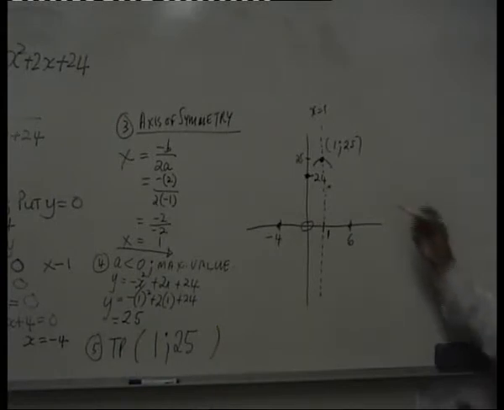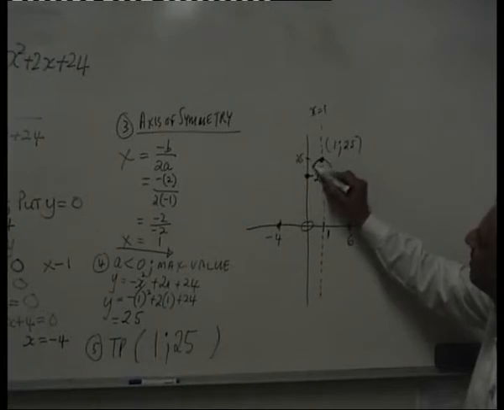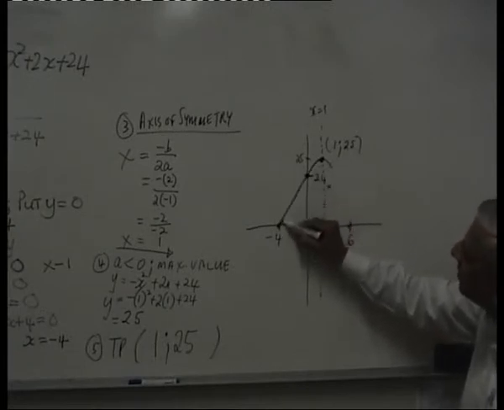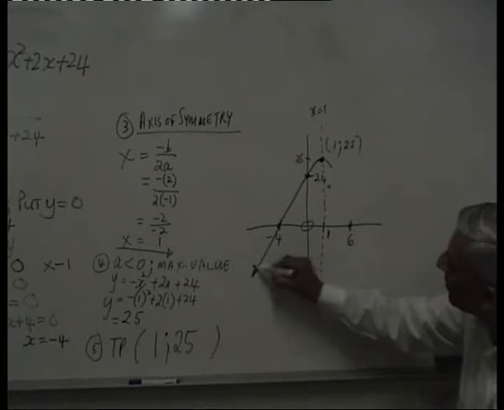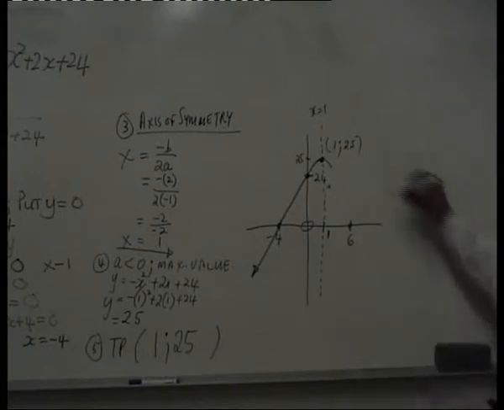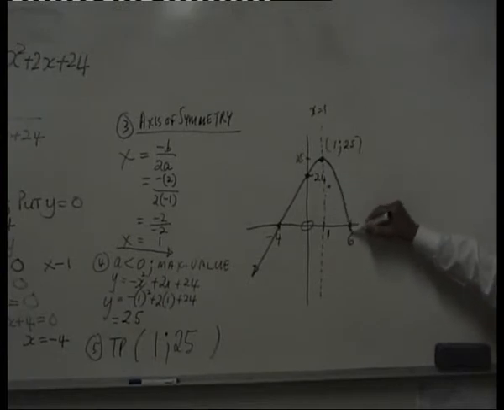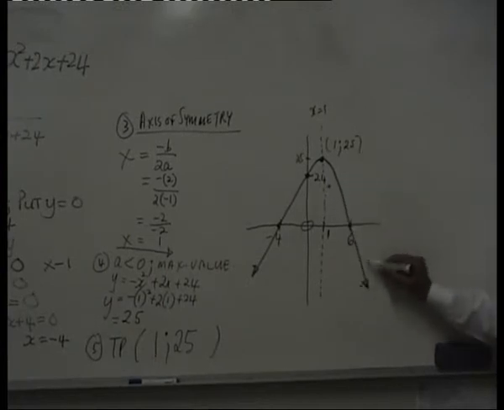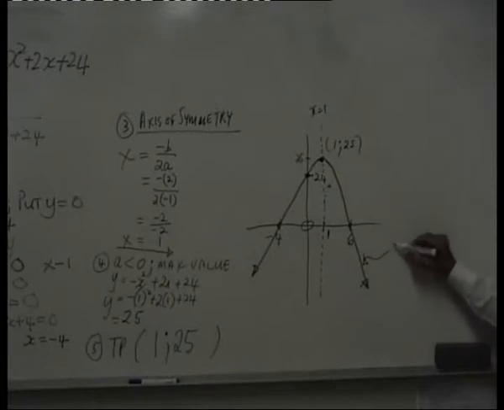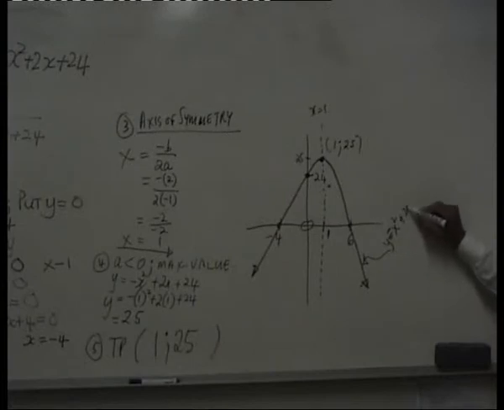Now, it's very easy. We're just going to join that to that, through the minus 4, down that way. And then from here, we join and we come down here through 6, down this way. And don't forget to label y is equal to negative x squared plus 2x plus 24.